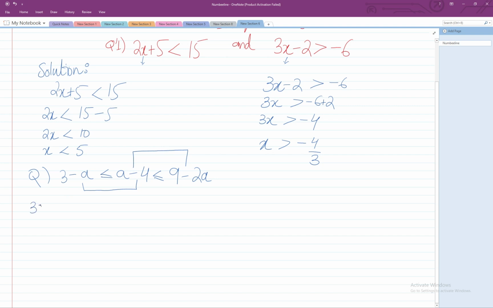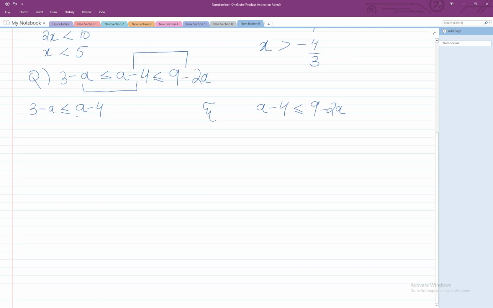It will be 3 - a less than or equal to a - 4, and the second one will be a - 4 less than or equal to 9 - 2a. We will get two values of a from this question.